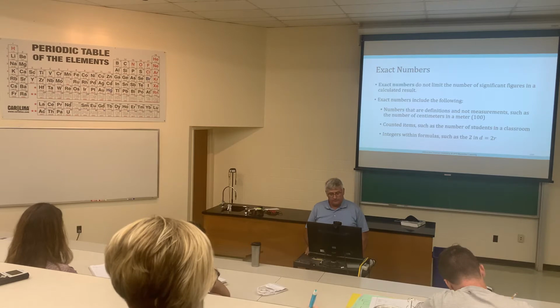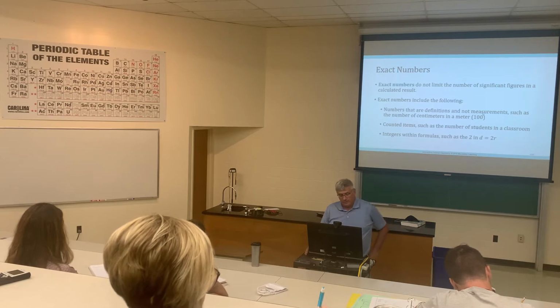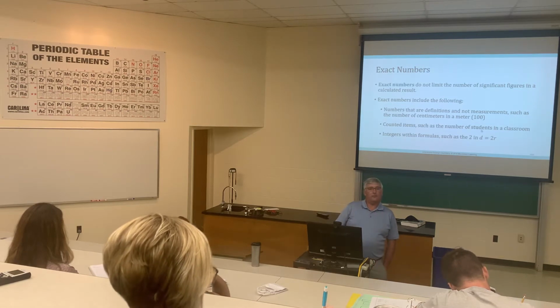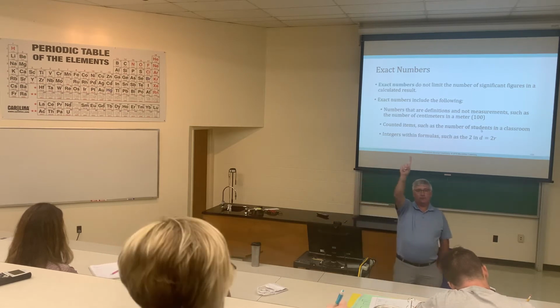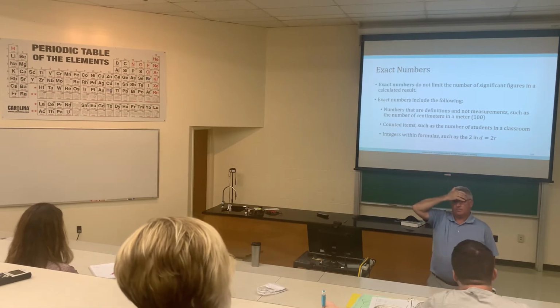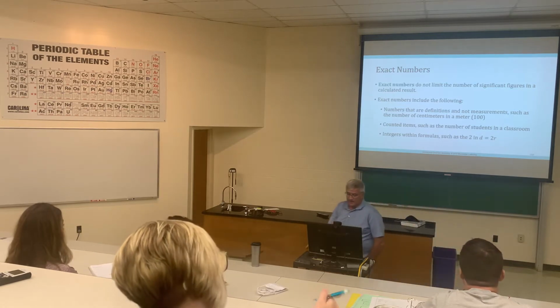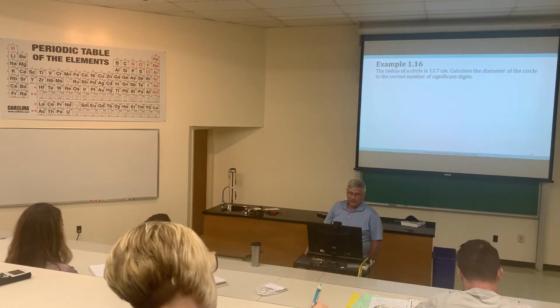Numbers that are defined are not measurements, such as the number of centimeters in a meter, 100. That is not 3 sig figs or 1 sig fig. That's as many as you need because it's a definition. Cool? You guys with me? All right, so we'll use exact numbers in these calculations.